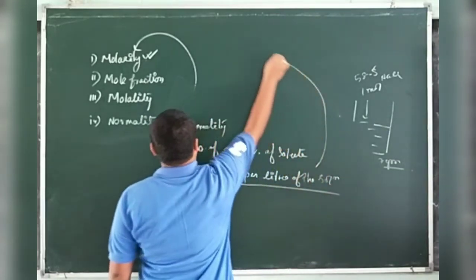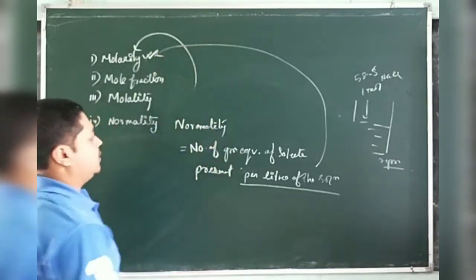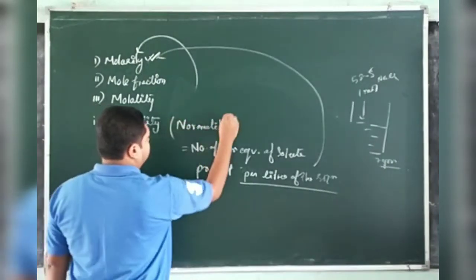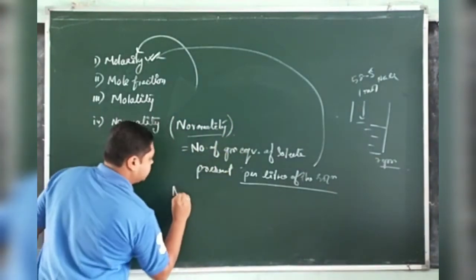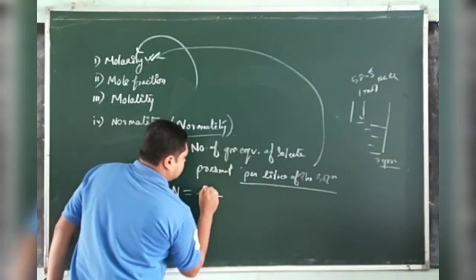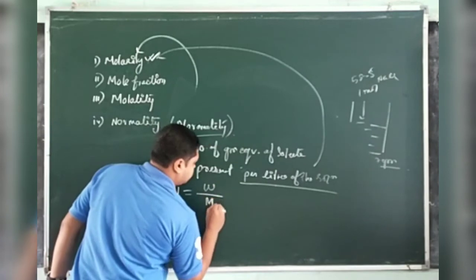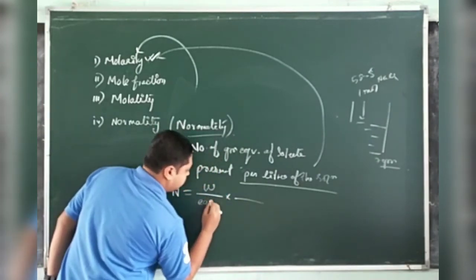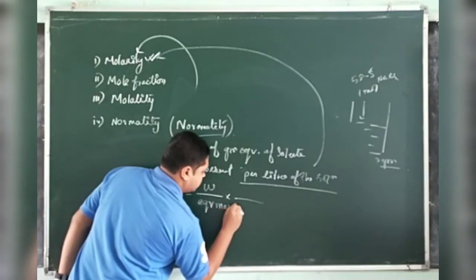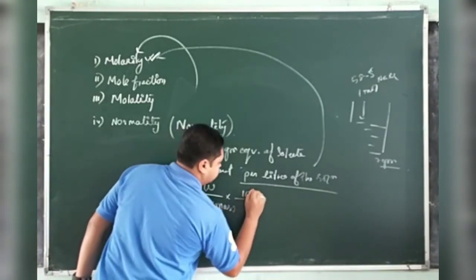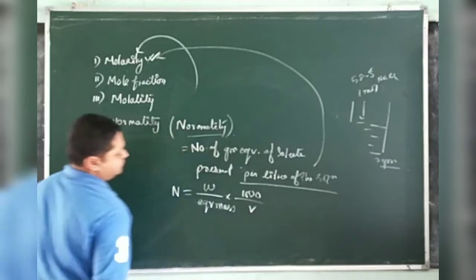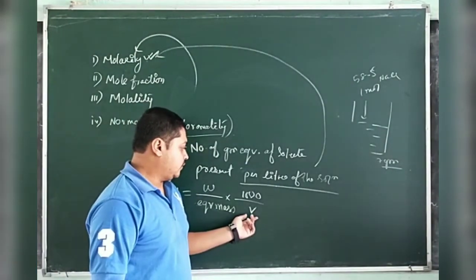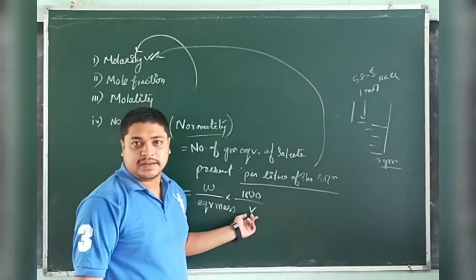That means similar to molarity. So the formula of normality is N equal to W by equivalent mass into 1000 divided by V. V is the amount of solution present.